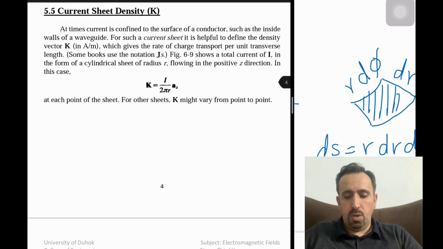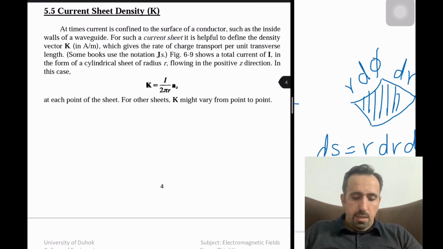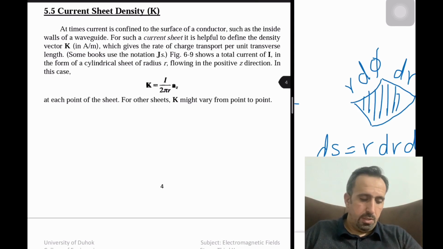Now it is time to talk about something very important, which is current sheet density. From its name, it's not current density, it is current sheet density.